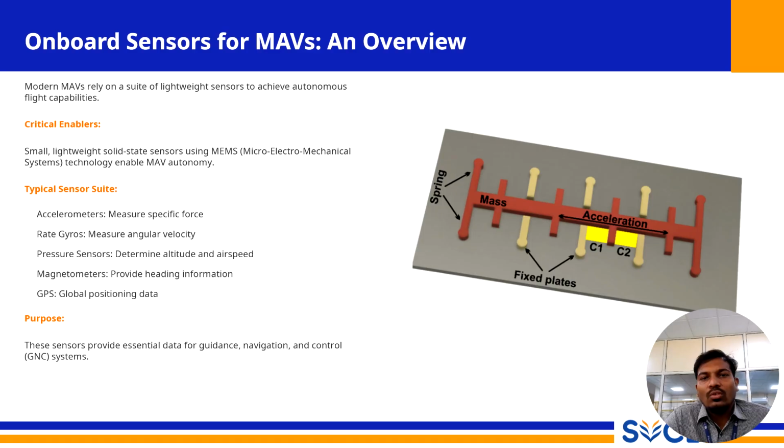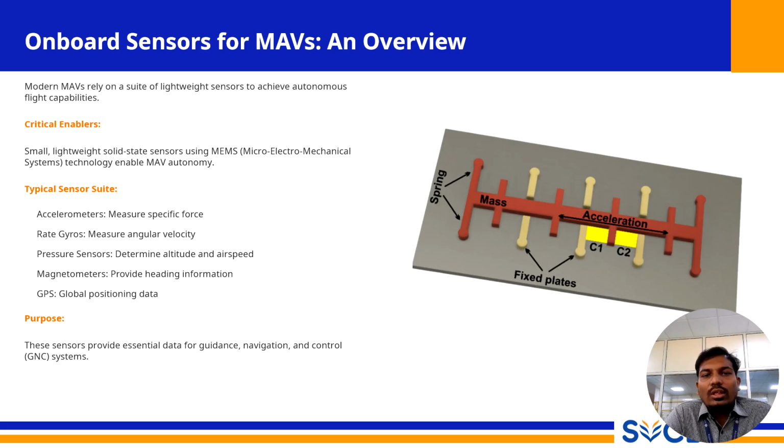This technology allows us to create sensors like the one pictured on the slide, which are not only tiny and lightweight, but also power efficient and highly resistant to vibration. This miniaturization truly enables MAV autonomy, as it allows us to build sophisticated sensing systems without adding prohibitive weight or cost to the aircraft.